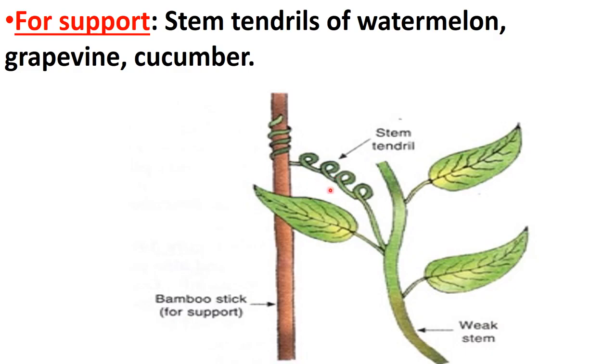That's why these support the plant, right? So these tendrils are actually stem modifications to support the plant for climbing over anything. This type of tendril is found in watermelon, grapevine and cucumber also.